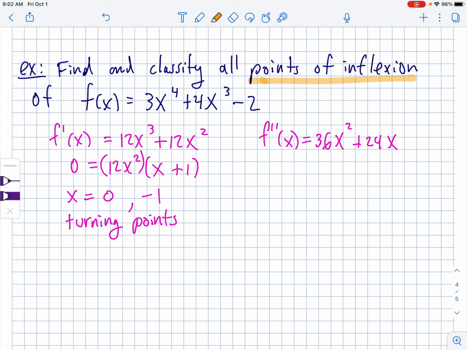But I guess I didn't actually need to find those because I'm just finding points of inflection. My bad. So we don't need this part. But those would be the turning points if we were asked to classify turning points. Points of inflection are where it changes concavity. You can figure out where something changes concavity by setting the second derivative equal to 0.